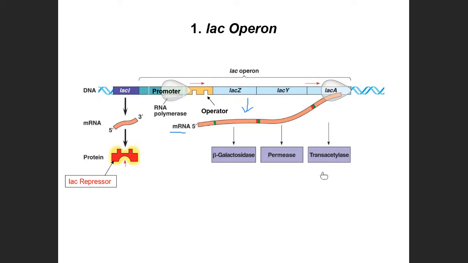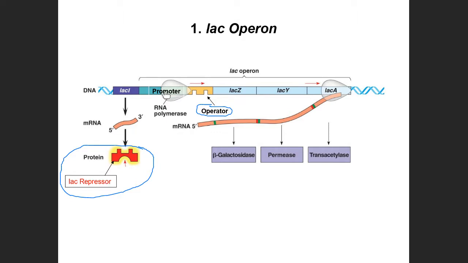Except the Lac Operon is used as an example of gene regulation because every operon comes with an additional sequence called an operator. And the operator is recognized and bound by a repressor protein. The repressor is an inhibitor.